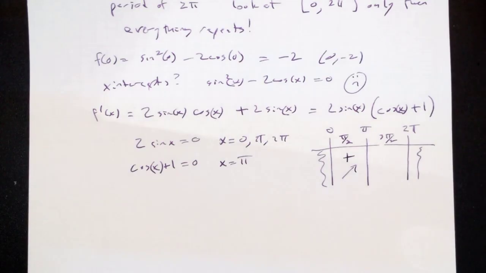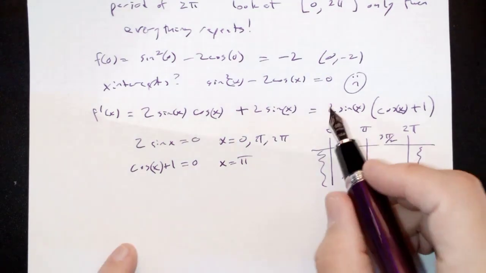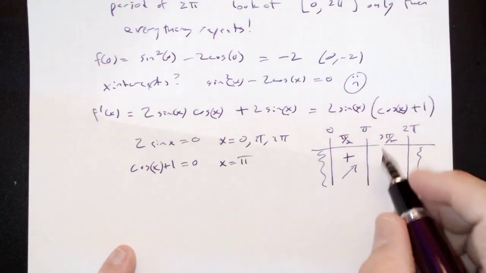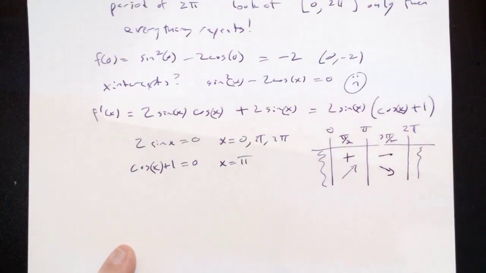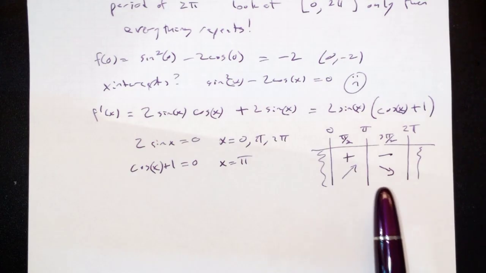3 pi over 2. Cosine is still 0, and sine is negative 1. 2 times minus 1 times 1 is negative. We're going down. Which means I have what kind of extreme going on here? A maximum at x equals pi.